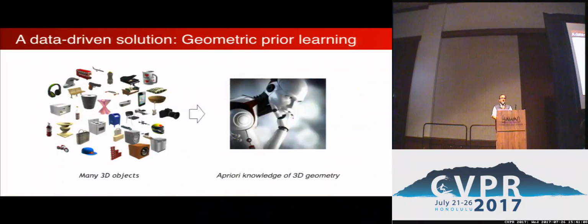So, as you can imagine, we'll take a data-driven approach. That is, we'll try to say we have knowledge of objects in the world, and because we have knowledge of these objects, and because the shape of these objects is a set of measure 0 in the set of all potential shapes that could exist, we have a chance to be able to recover the shape of objects in images just from a single view.